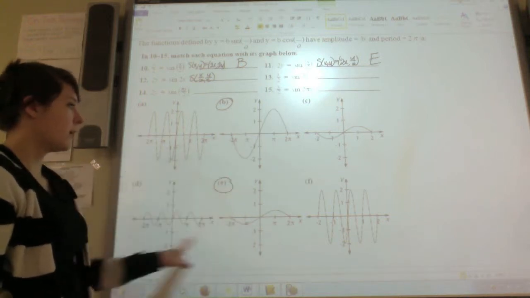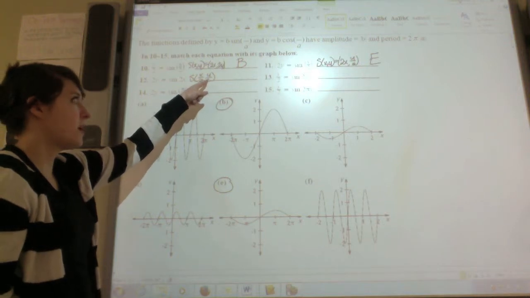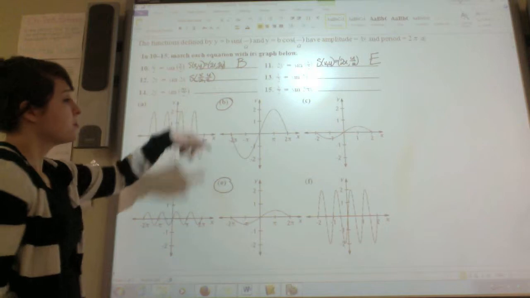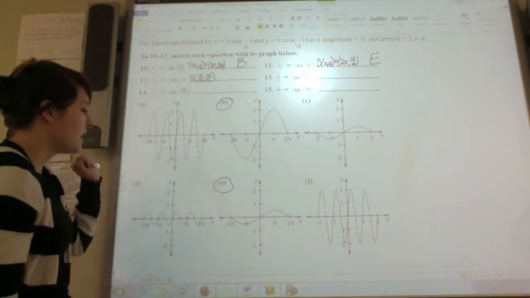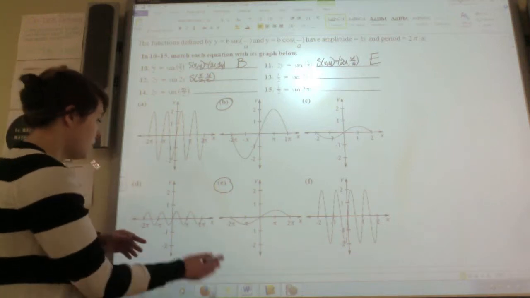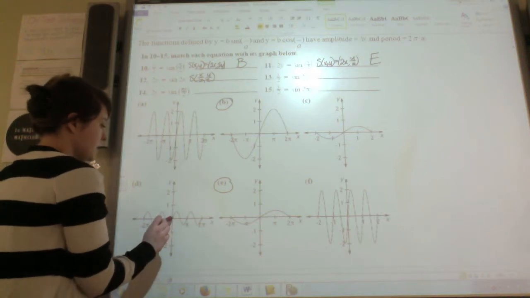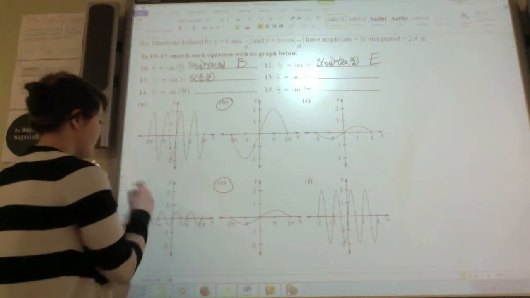I'm also shrinking my minimum and maximum values, or my amplitude, by 2, so that would become a half. So I'm looking for something that goes from -1/2 to +1/2 and has a period of pi. It looks like that's going to be this one, because I can see that my period here is pi, and I'm going from -1/2 to +1/2.